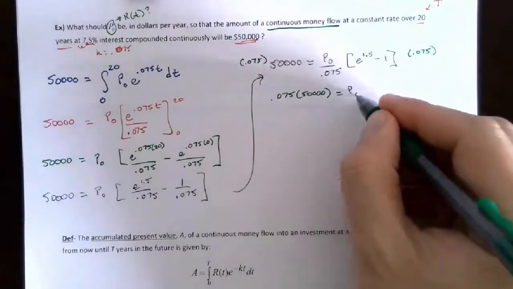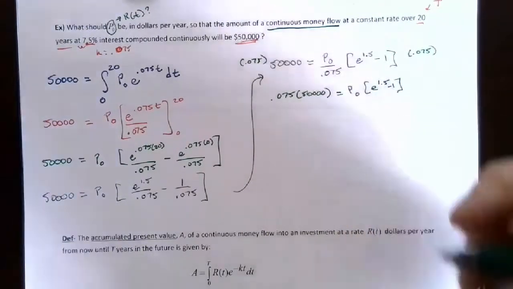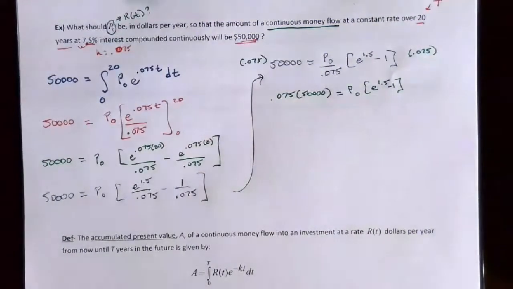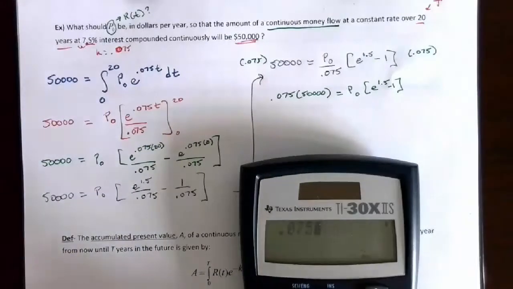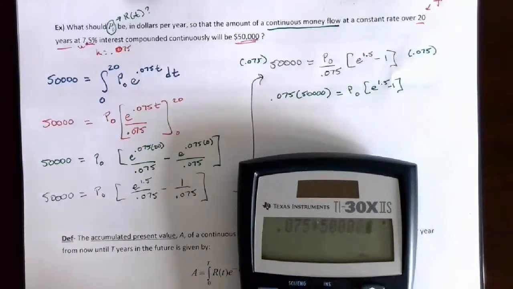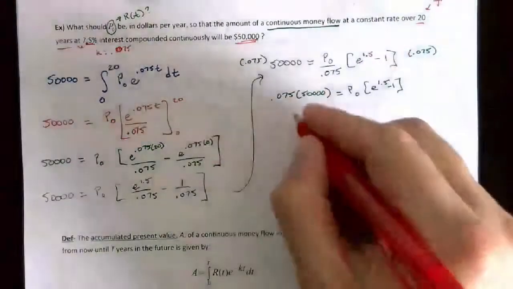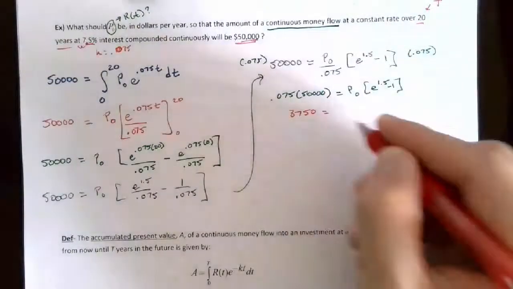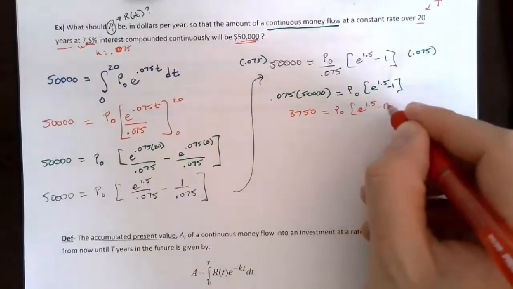And it equals P sub 0 times e to the 1.5 minus 1. And then, we can evaluate that if you want. 0.075 times the 50,000. We get 3750. So you have 3750 equals P0 times e to the 1.5 minus 1.